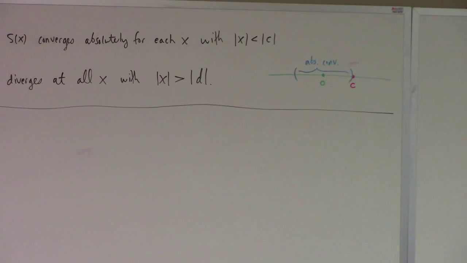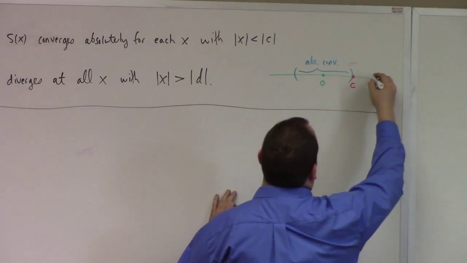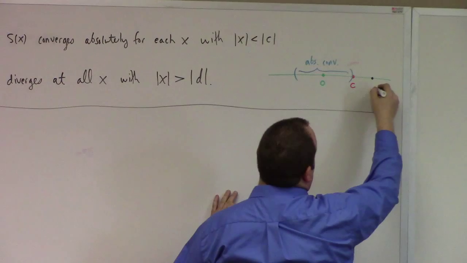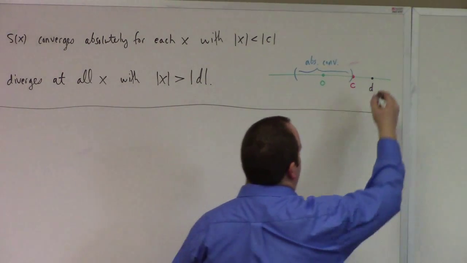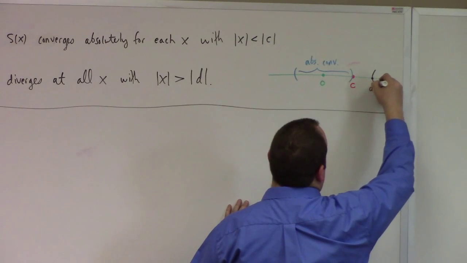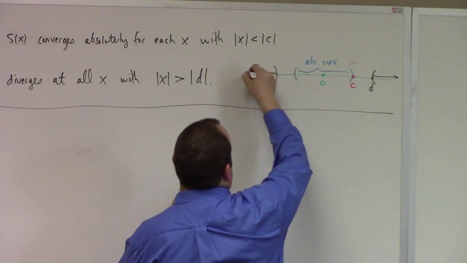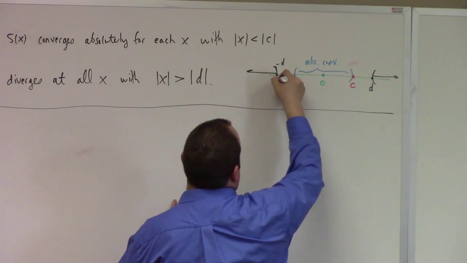Now, on the other hand, if you get divergence at, say, D, or you can put it anywhere you want, I'll put it over here. You can put it over here too, whatever. Then what that means is that back to here and over here, like that, I should say included.